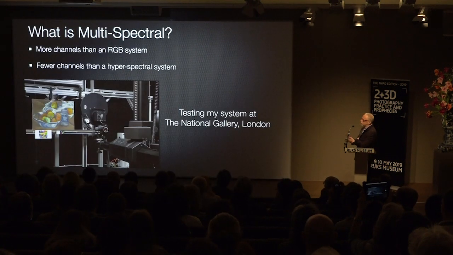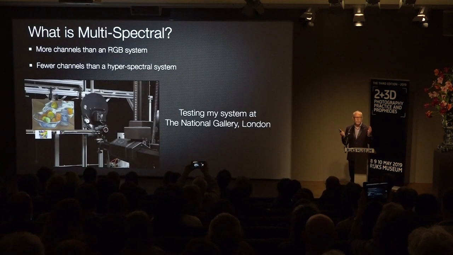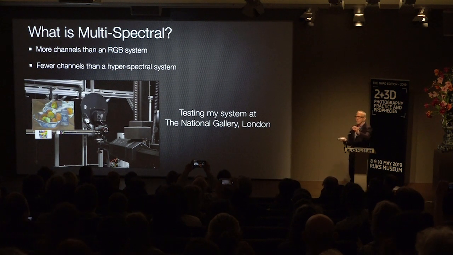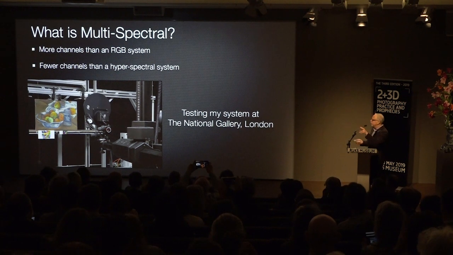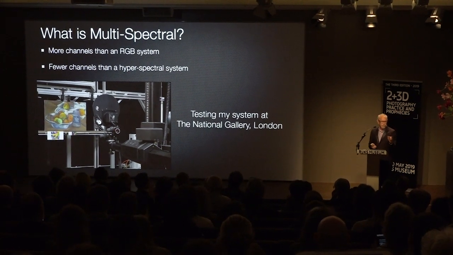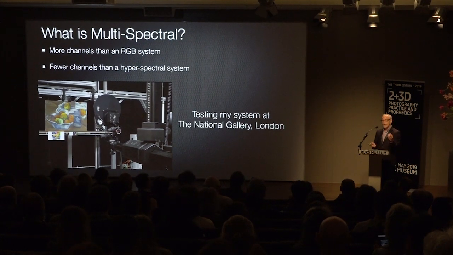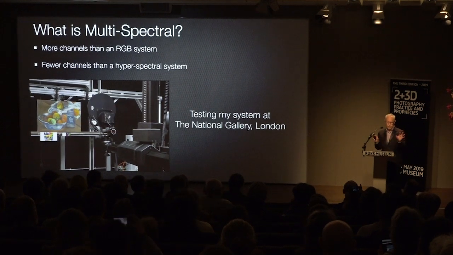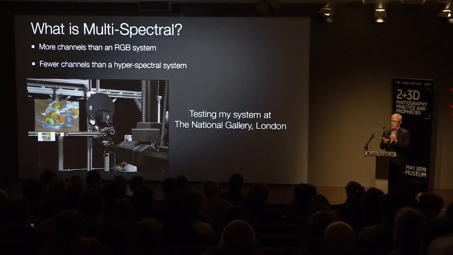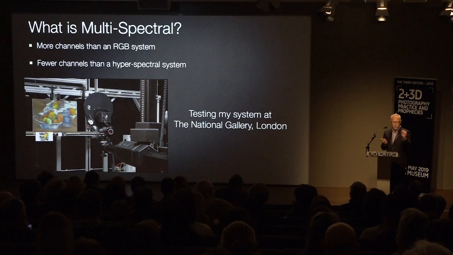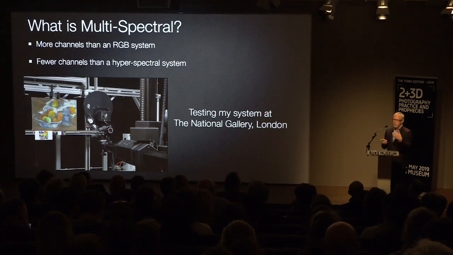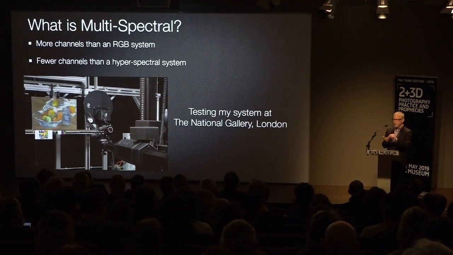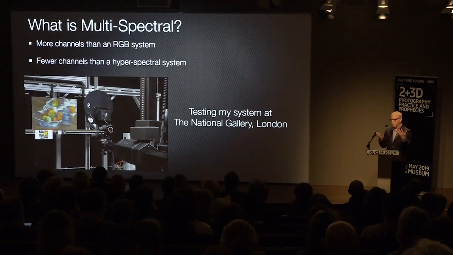And what I want to start off with is, what is multispectral? It's more channels than RGB, and it's fewer channels than hyperspectral. Hyperspectral cameras are usually such that the number of wavelengths, so you're capturing spectral information, is the number of sensors in one direction, basically.